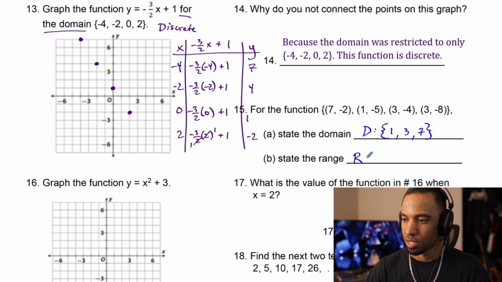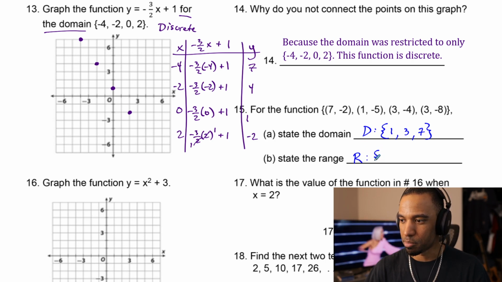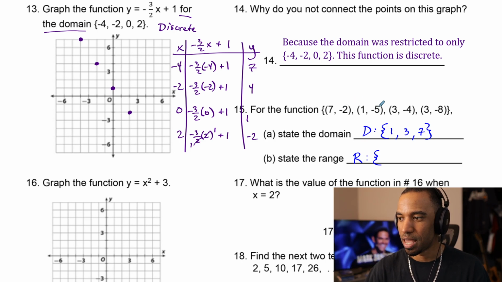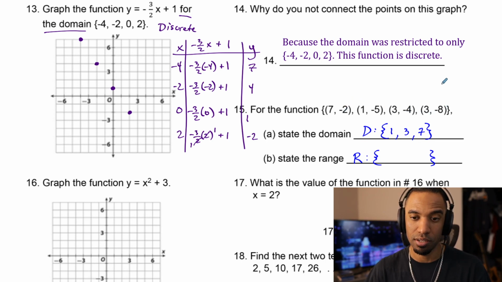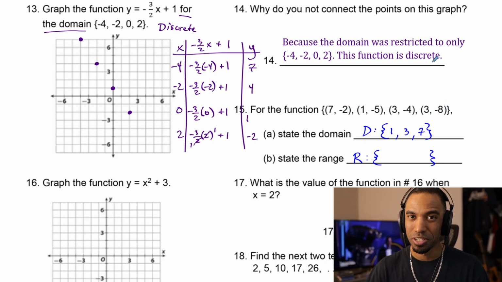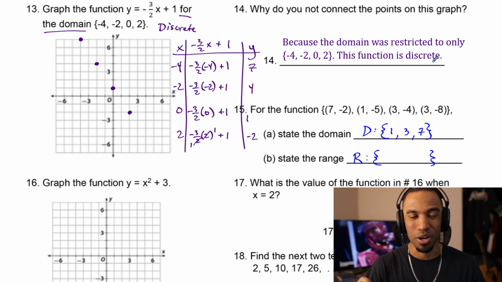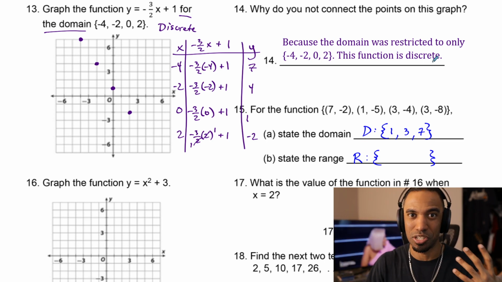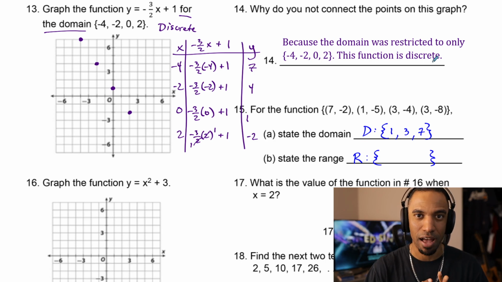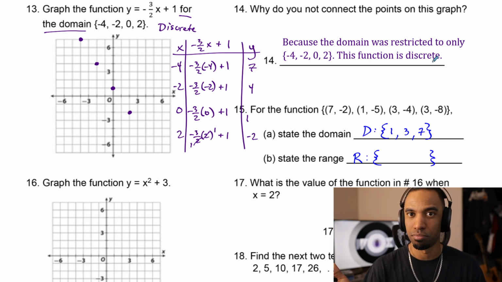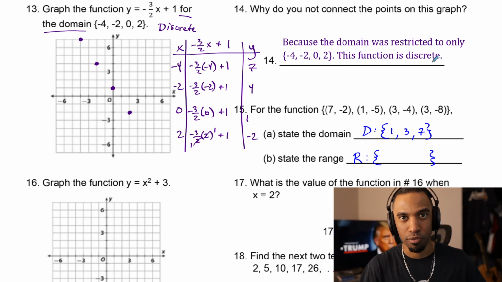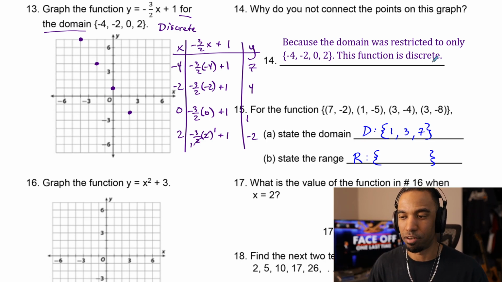Range, increasing order, no duplicates. The numbers I have are -2, -5, -4, -8. Okay, so all negatives. Now remember, negatives are always smaller than positives, but larger negatives are smaller than smaller negatives. Now that might sound weird. What I mean is -100 is a lesser value than that of -1. -100 is further negative, therefore it is more negative, therefore it is lesser.